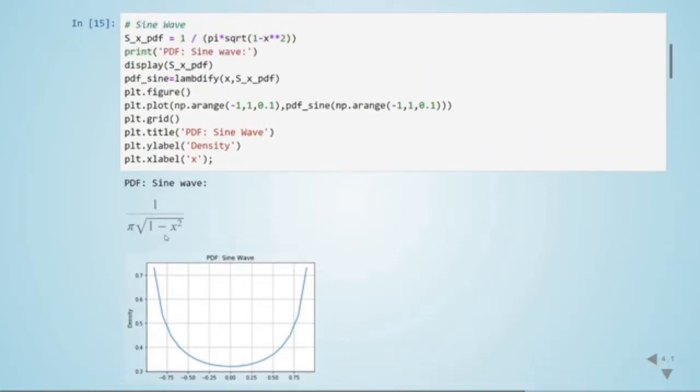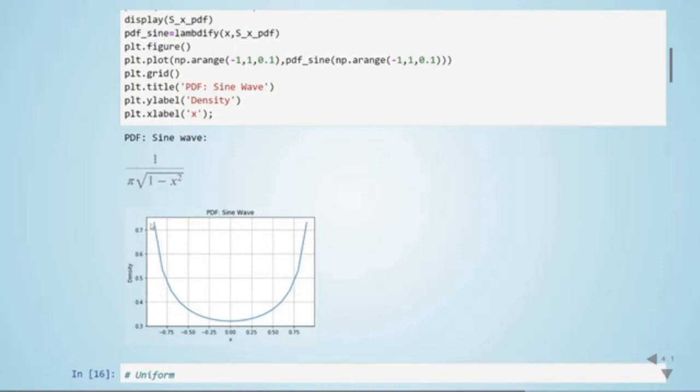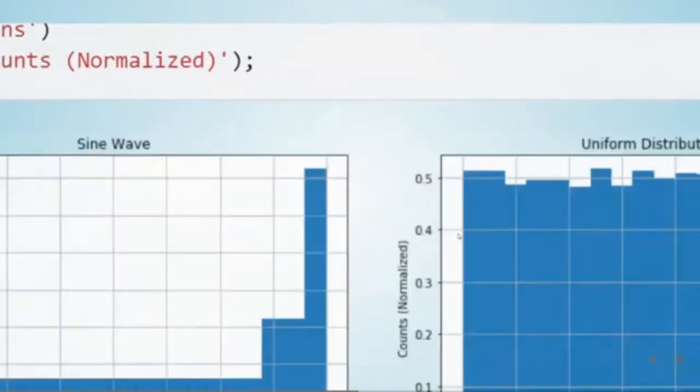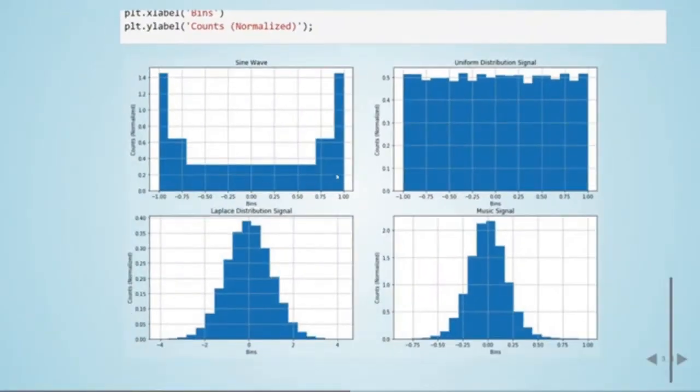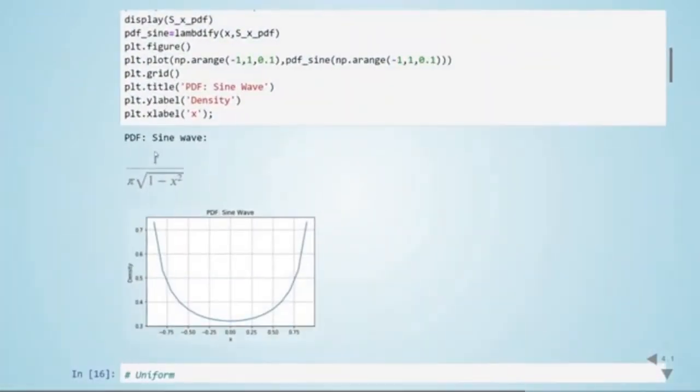I'm replacing x with values from -1 to 1 in steps of 0.1, and plotting this gives this plot here, and we see that this plot is very similar to this shape here. The difference is that it is a bar plot from a histogram, and here's a plot from this function within this range of values.